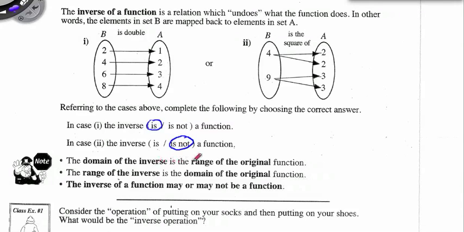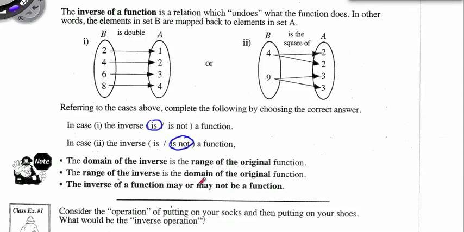The domain of the inverse is the range of the original function. And as I mentioned in class, to get a coordinate of the inverse function, you simply take the x and y values of the original function and switch them. The range of the inverse is the domain of the original function. So just read that over, and hopefully you'll make sense of it.